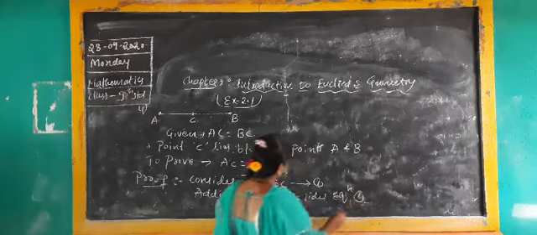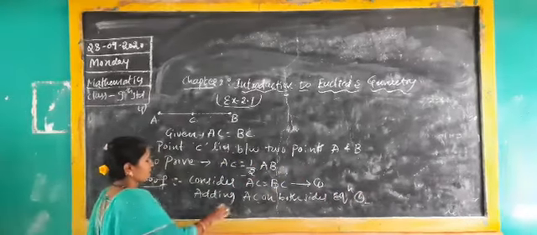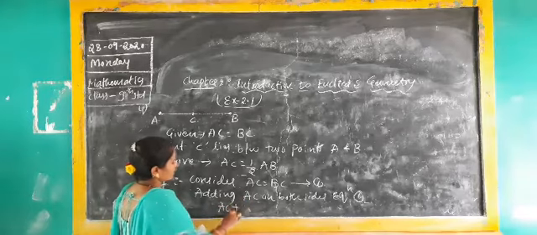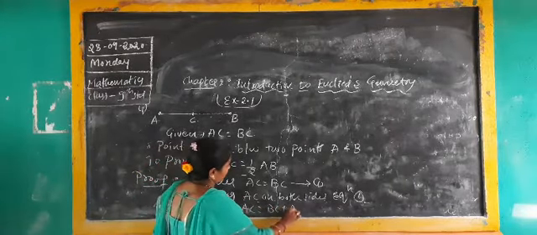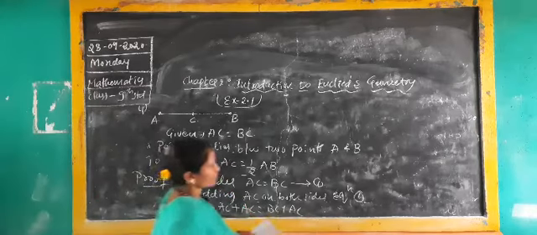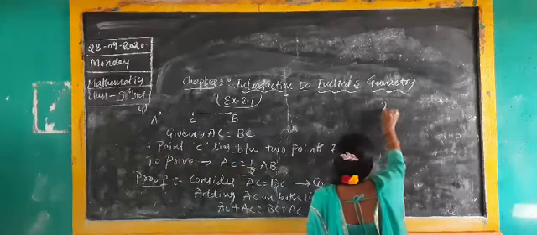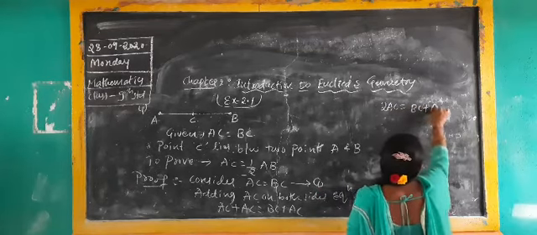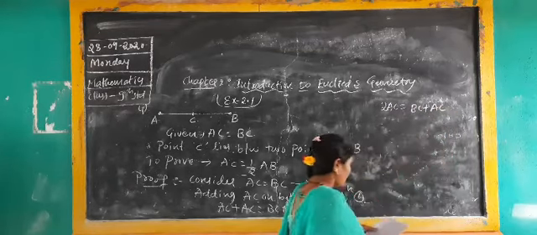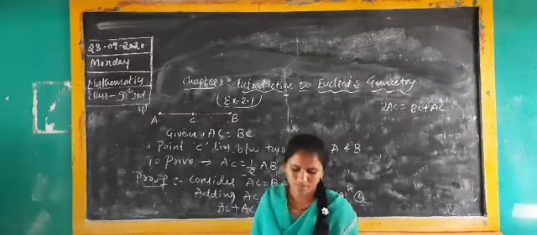AC already is there, so add AC: AC plus AC is equal to BC plus AC. You will get 2 AC is equal to BC plus AC.